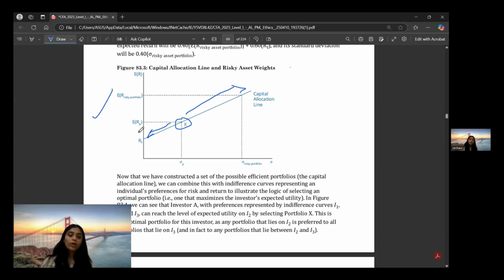Now, for new people, what is RF? RF is the point for the risk-free asset. So, starting from the risk-free asset, the line moves forward based on the expected return on the portfolio and the standard deviation of the portfolio, or the expected return of the desired portfolio and expected standard deviation of the desired portfolio. That's it. Nothing more that this diagram tells us about.